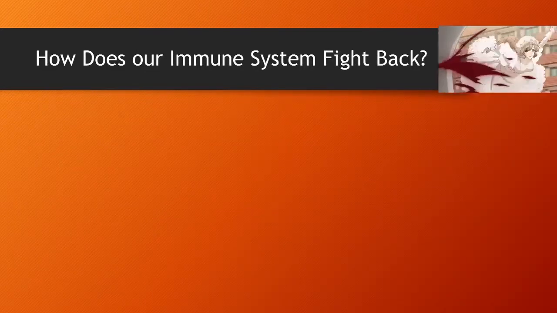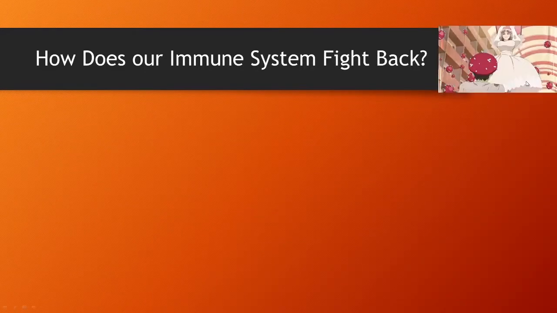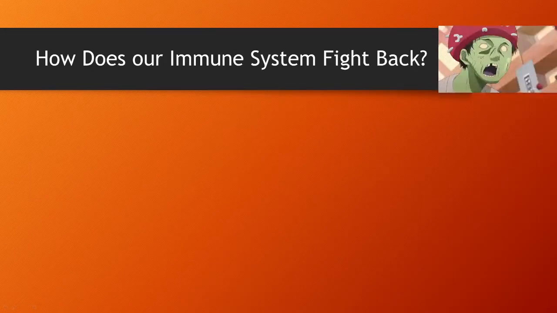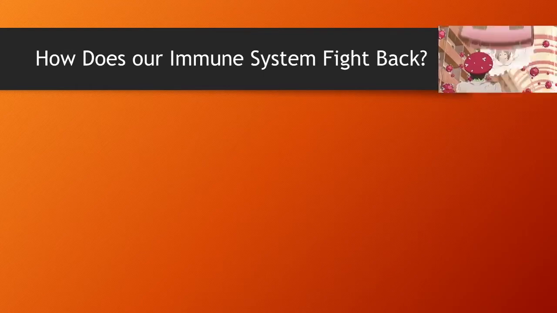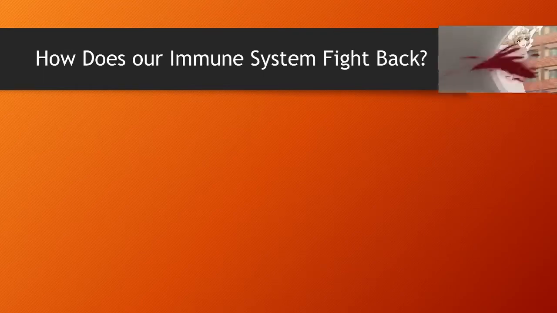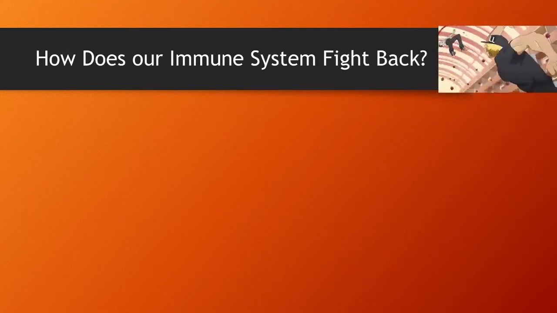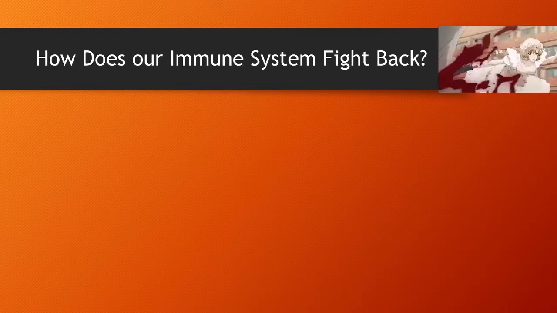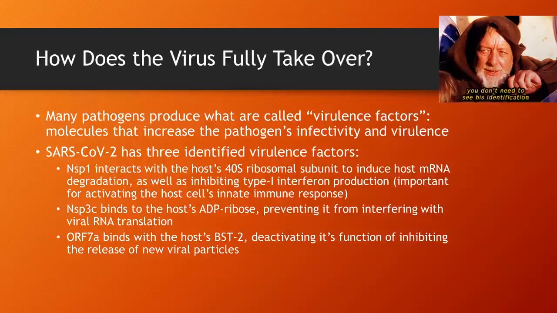How does our immune system fight back? So I have a fun little GIF from this great anime on Netflix, Cells at Work. Super fun. We see immune cells fighting back viral infected cells. Just a note, actually just going back here a sec.